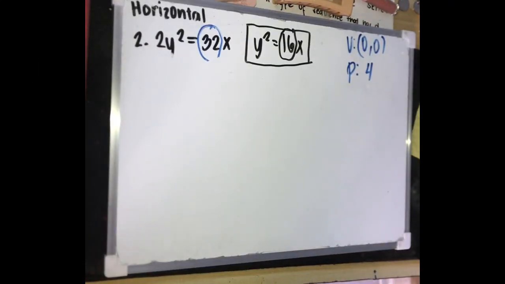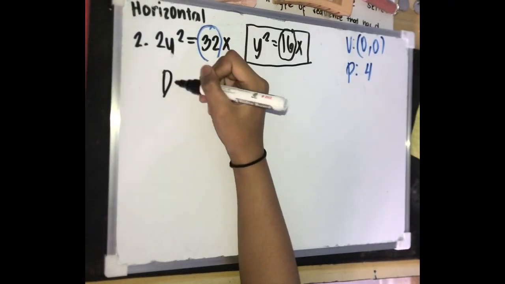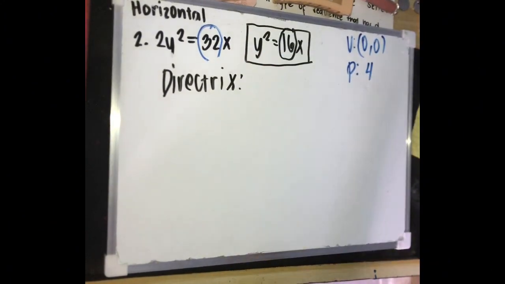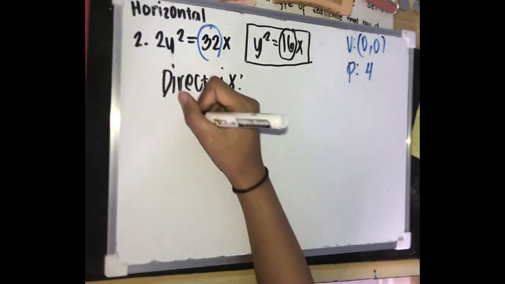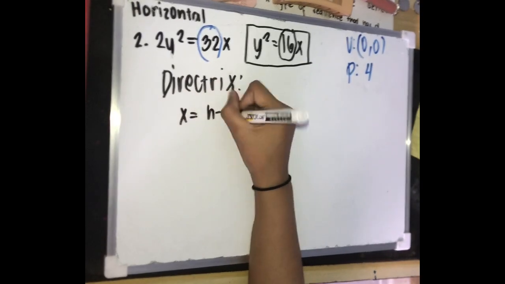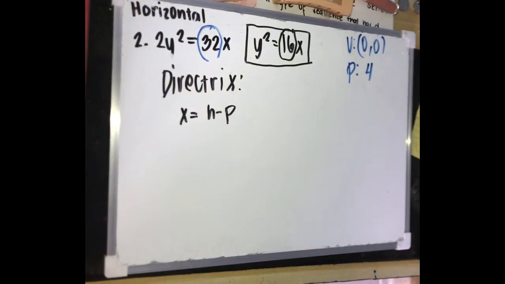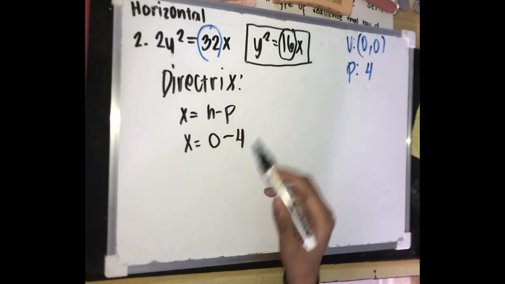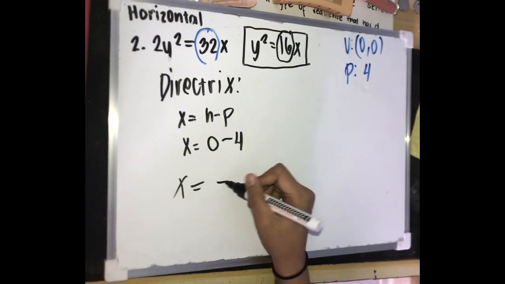So, to find the directrix of this equation, we're going to use the formula x equals h minus p, since this is to the right. So, our h would be 0, and our p would be 4. So, x equals negative 4.